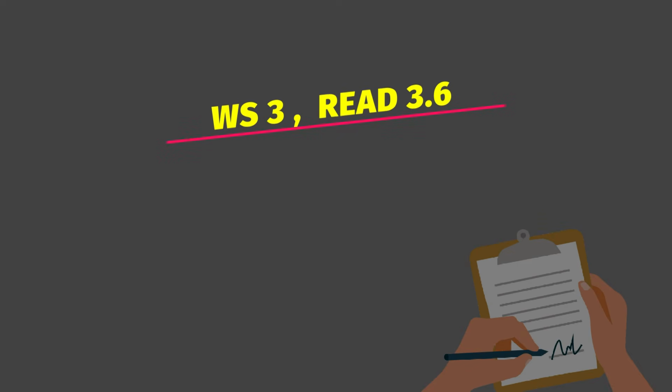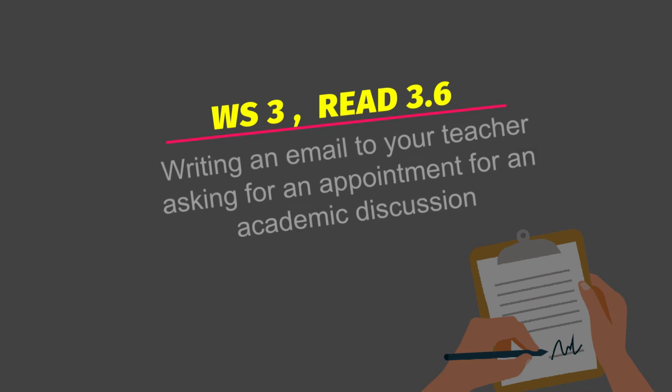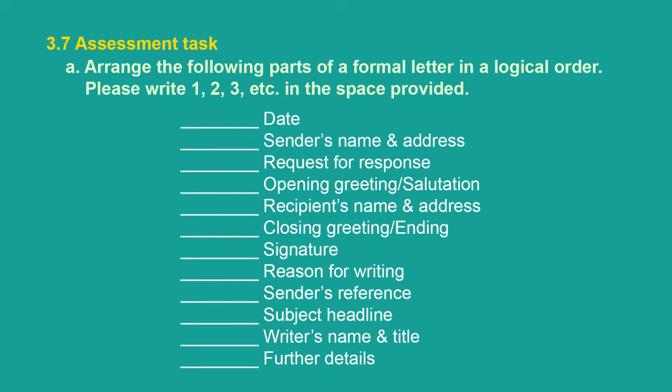I am sure you have written a reply. 3.6 in worksheet 3 is writing an email to your teacher asking for an appointment for an academic discussion. Follow the format you have learned and write the email. Don't forget to take the assessment task in worksheet 3 to check your understanding.